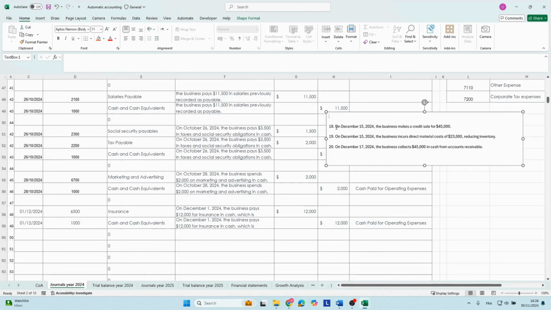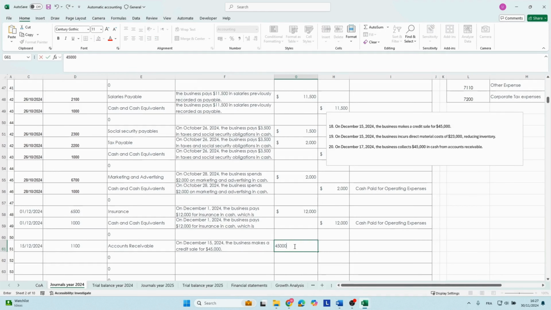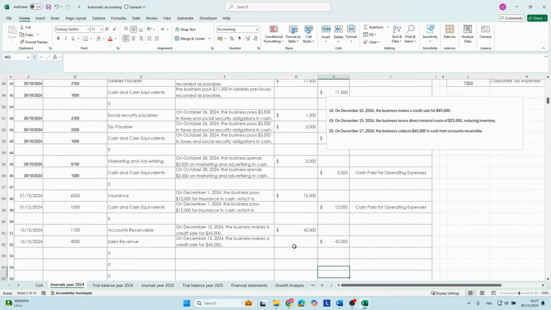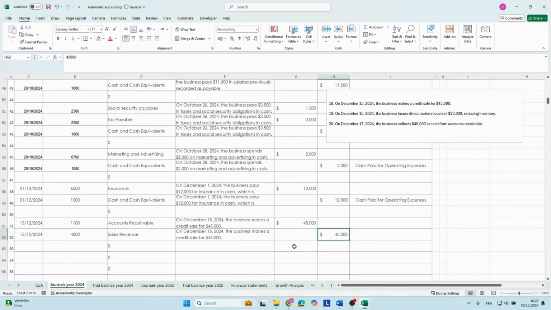Next, on December 15, the business made a credit sale for 45,000. This is account receivable. The amount is 45,000. On the credit side, we put the sales revenue with the same transaction, with the same description. Then we have 45,000 as total on credit. So this is the revenue.